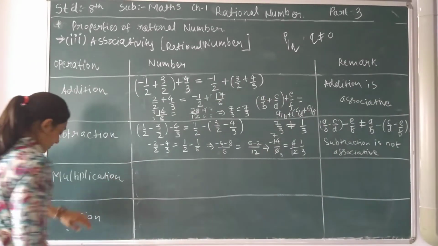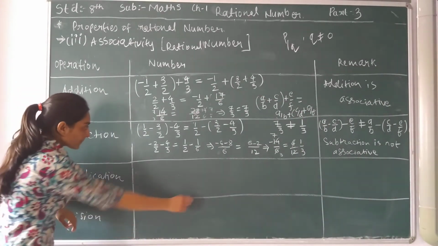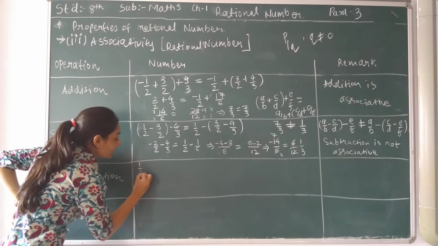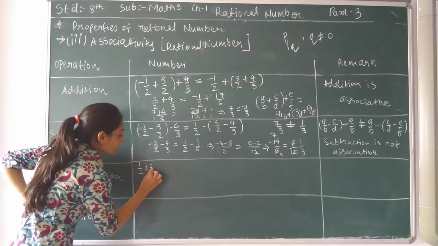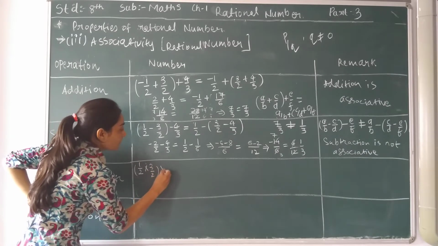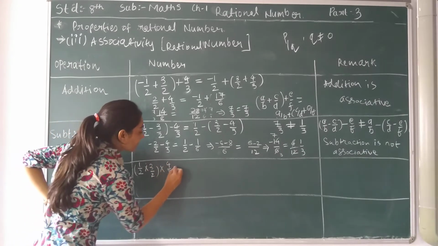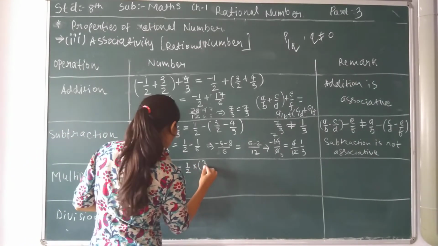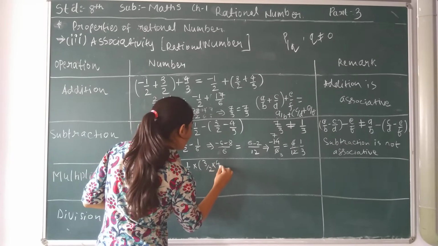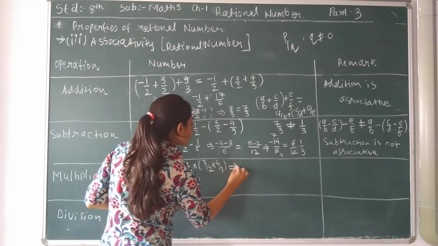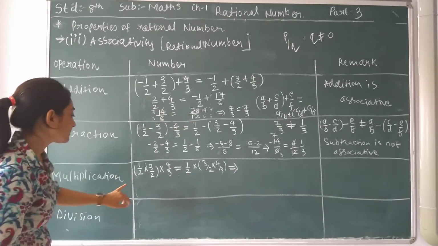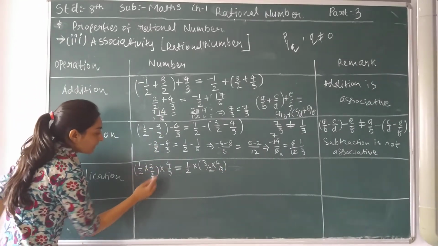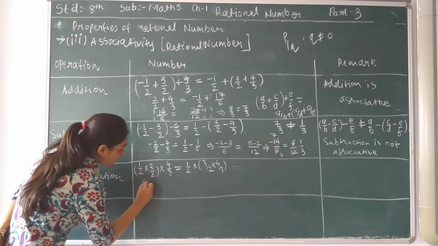Now the multiplication. Take the same example. 1 divided 2 multiply 3 divided 2 multiply 4 divided 3. So what's the answer? 3 and 4.